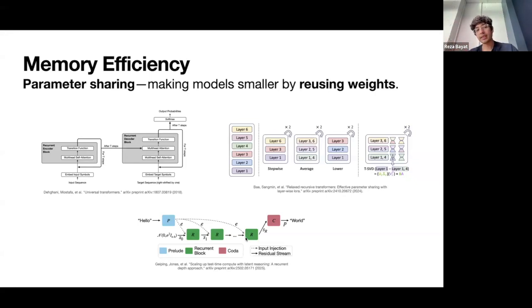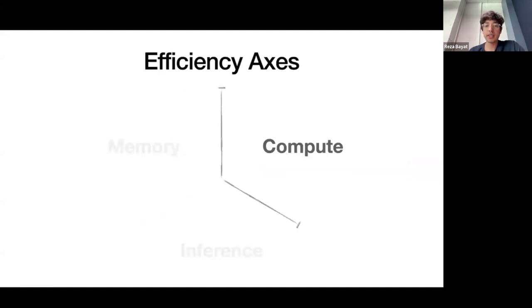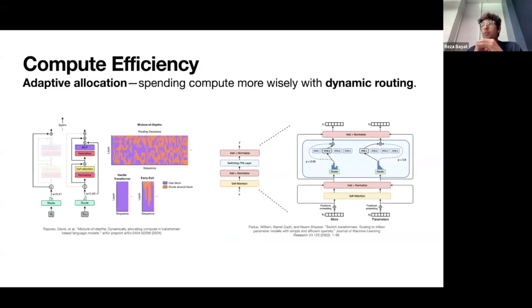So this axis gives us memory efficiency. When we come to compute efficiency, especially during pre-training, people have explored these ideas through routing strategies. One famous one is the Mixture-of-Depths paper by Google DeepMind, which wanted to spend compute more wisely based on the difficulty or importance of the tokens at every individual layer.